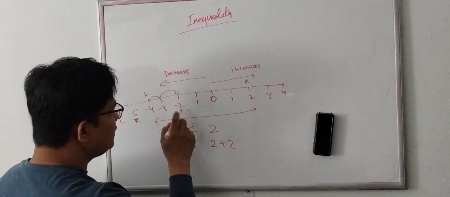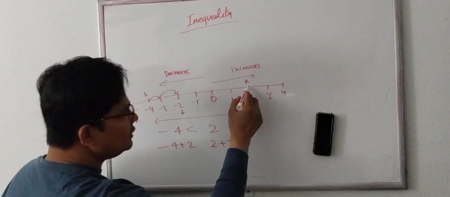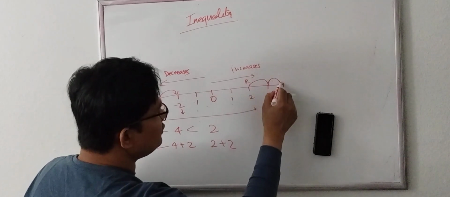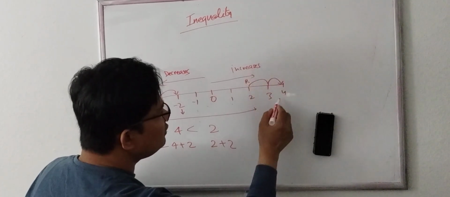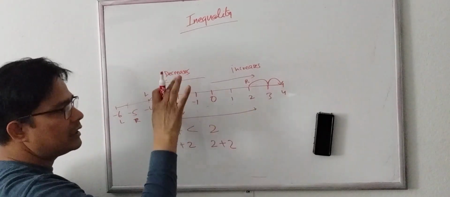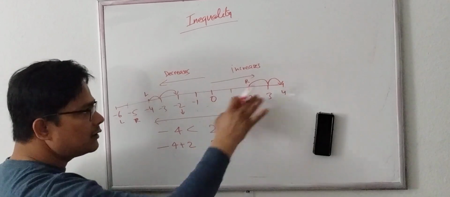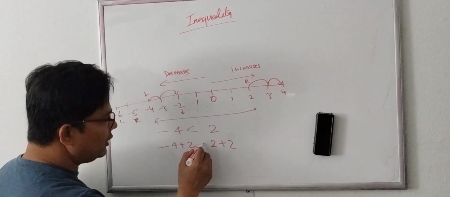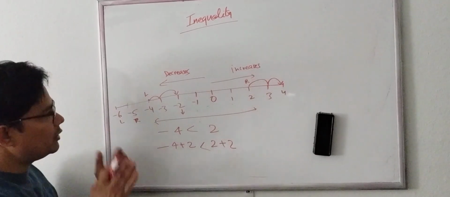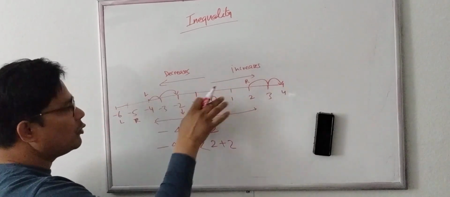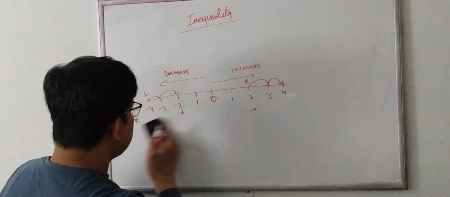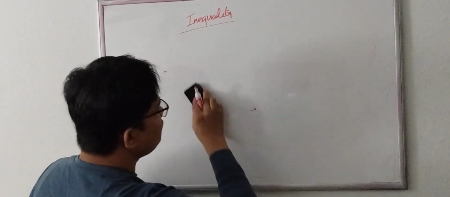So we reached here by adding 2, and similarly here we are just moving 2 steps ahead. 1 step, 2 step. So 2 plus 2, 4. So the same thing we learned previously: you add anything, the relationship will not change, because you are moving in the same direction for both the numbers. You got it? Now let's talk about the transitivity.